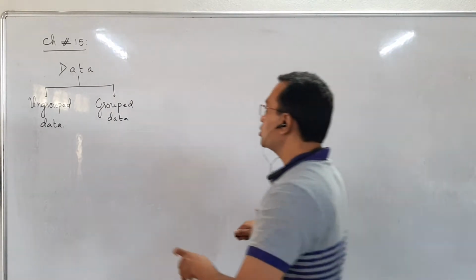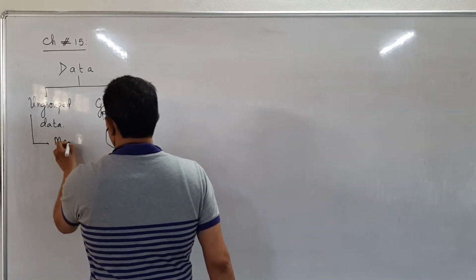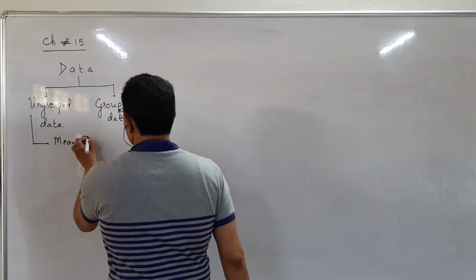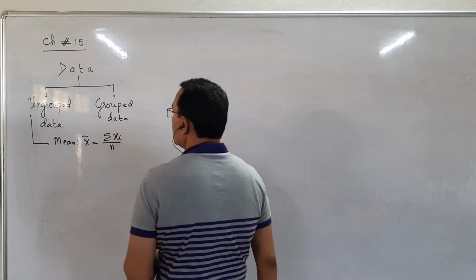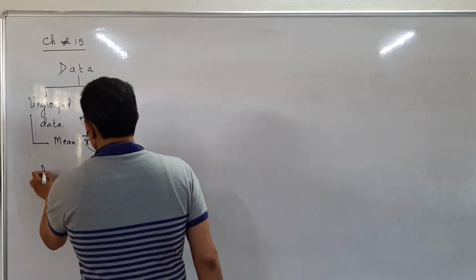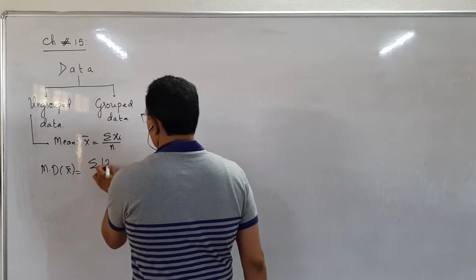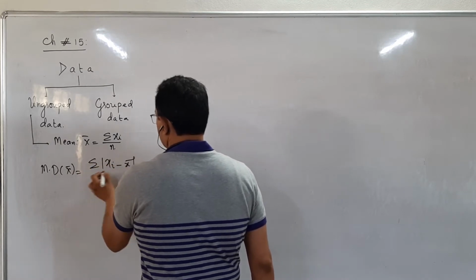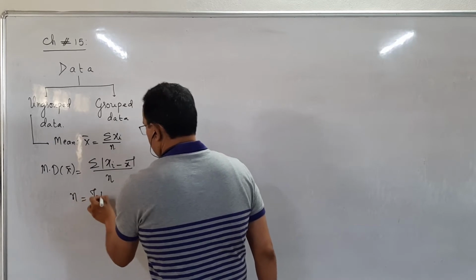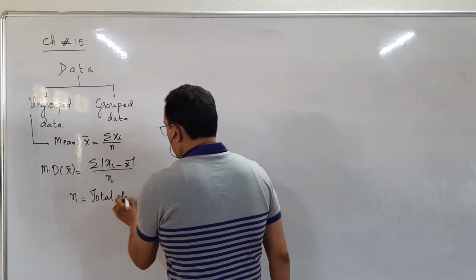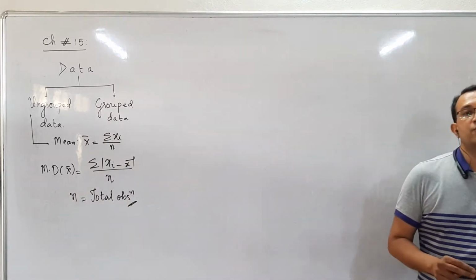So, for ungrouped data, mean x bar will be sigma xi upon n, and mean deviation with respect to mean will be sigma mod xi minus x bar upon n, where n is nothing but the total number of observations.